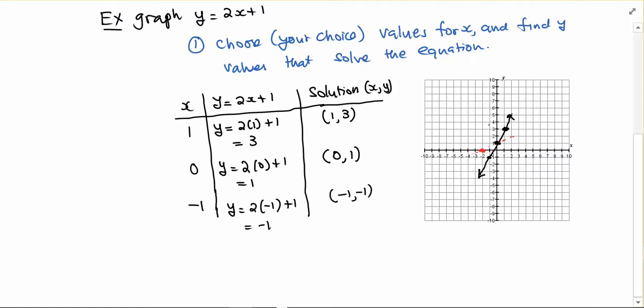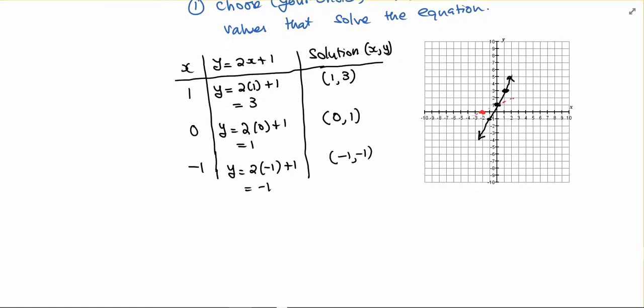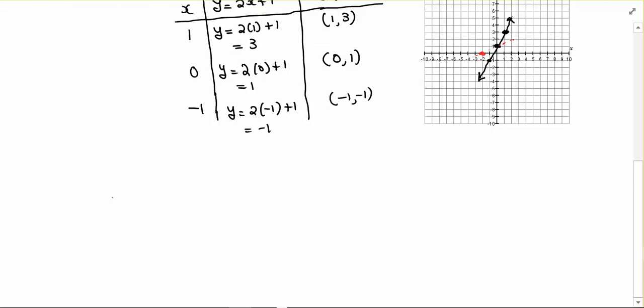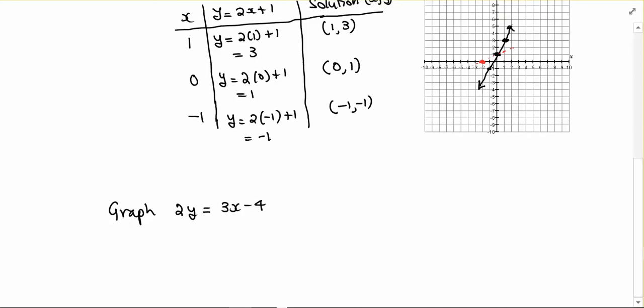All right, let's do one more example of graphing, and this time we'll take a look at something a little bit more complex. So this time, let's say we want to graph 2y equals 3x minus 4. Now, remember I said I'll keep writing steps.